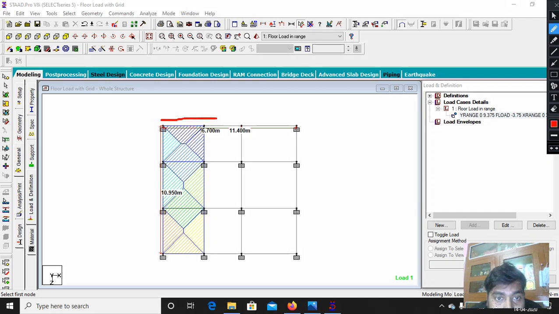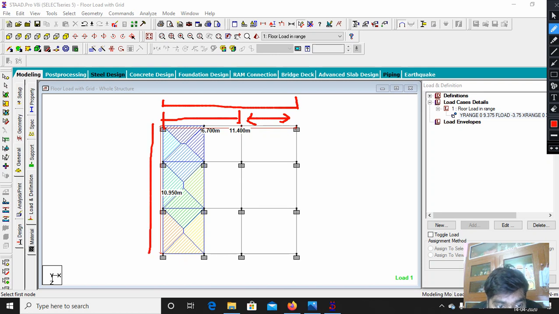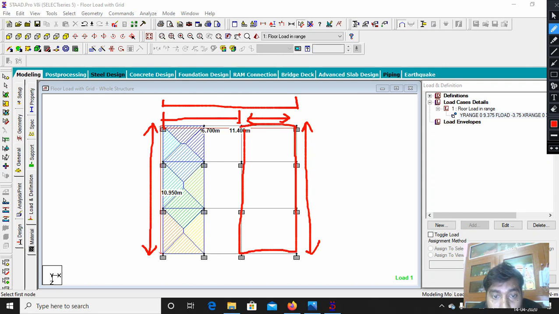From here to here in the x direction the load will be created, and in the z direction we have to take the total direction from here to here. Then only this portion will be loaded.